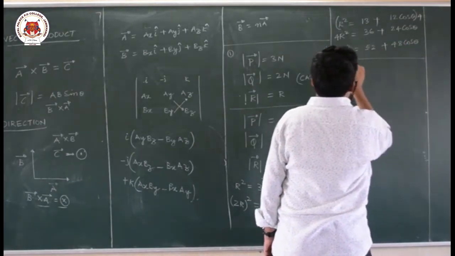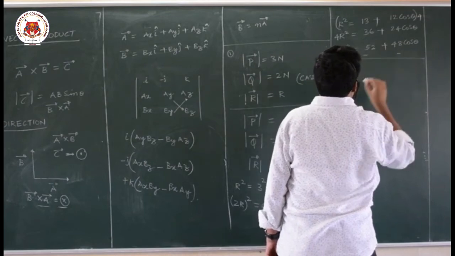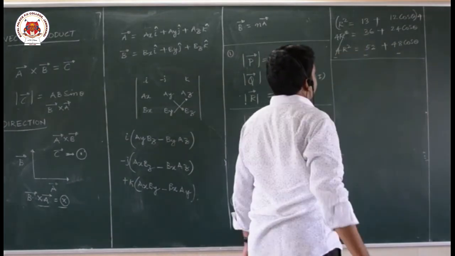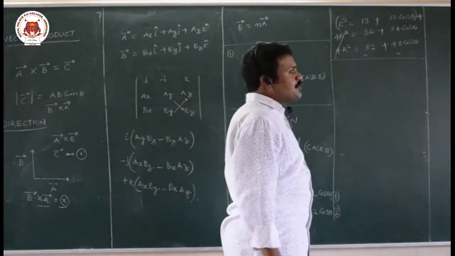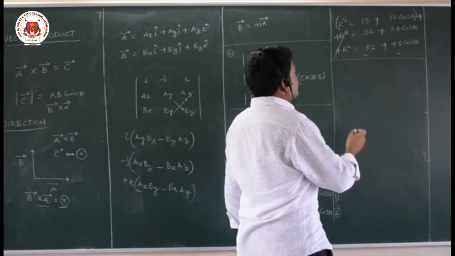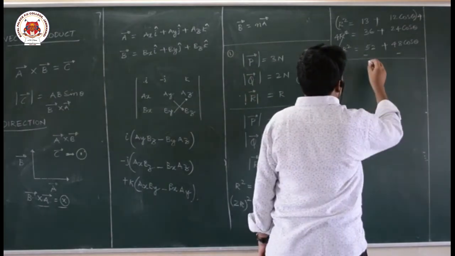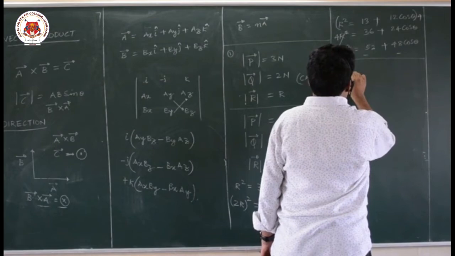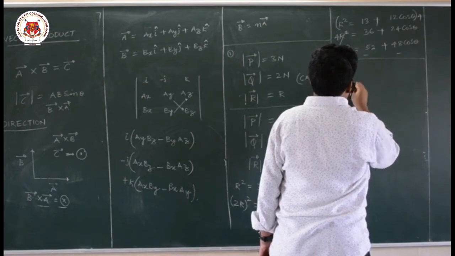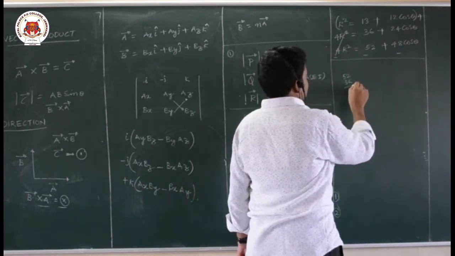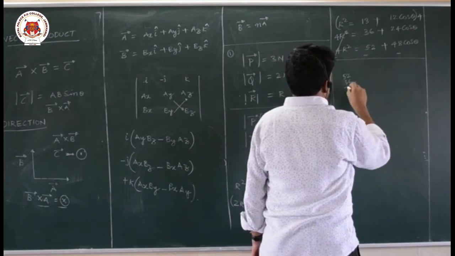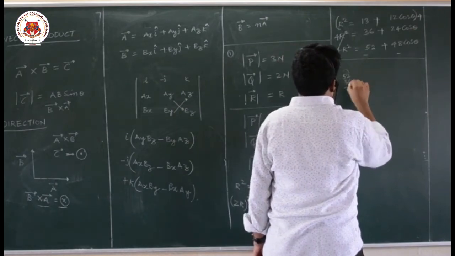Now subtract these two equations. So 36 minus 52, how much you will get? 52 minus 36, you will get it as 16.